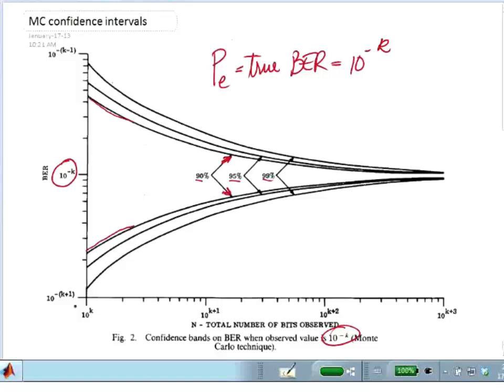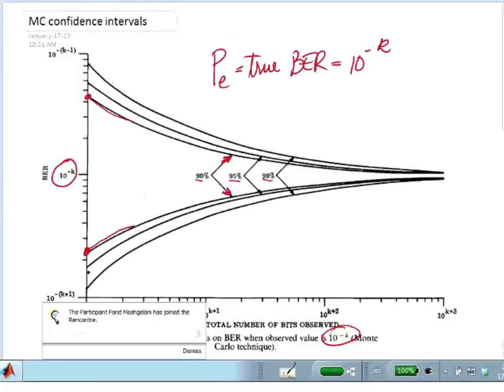So if I were to do 10 to the k simulations, and the probability of error was 10 to the minus k, then these would be the bounds that with 90% probability, my estimate would fall somewhere in that range.